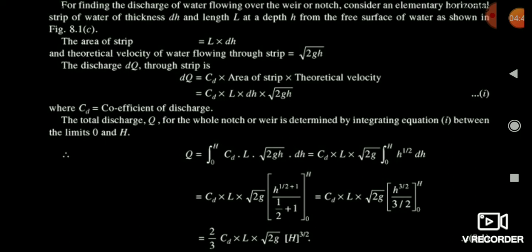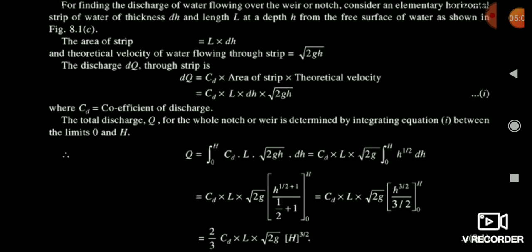Now friends, remember the final result, because it is very important. For a rectangular weir or notch, the final discharge is equal to 2 by 3 into Cd into L into root under 2g into h to the power 3 by 2.